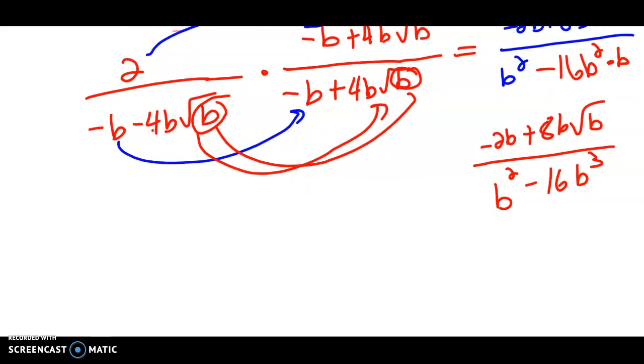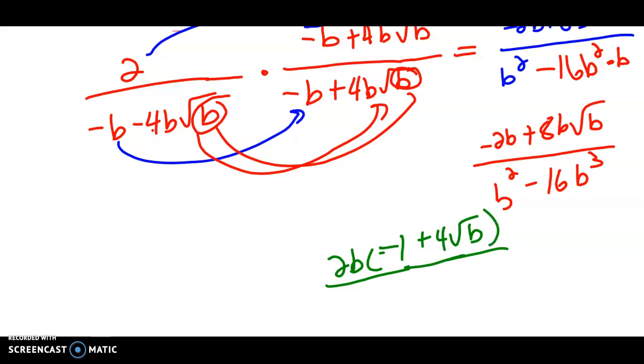There's a couple ways you can think about this, but we're going to factor out a 2b on the top, and we're going to be left with a negative 2 plus 8 root b. On the bottom, when we took that 2 out, it became negative 1 plus 4 root b, because we divided it by 2. We distributed that 2 in.